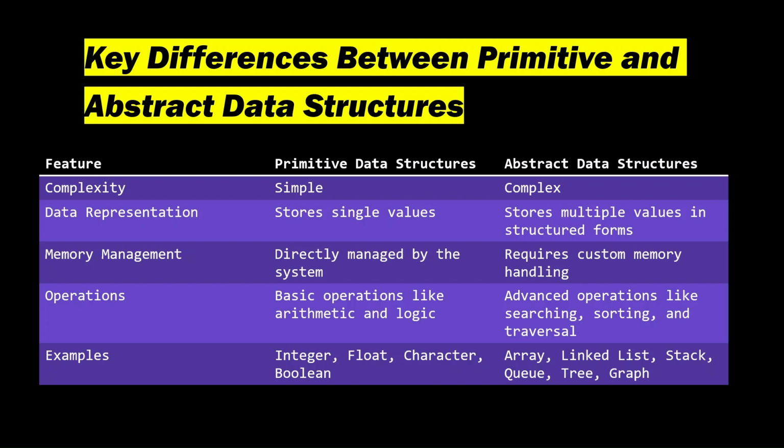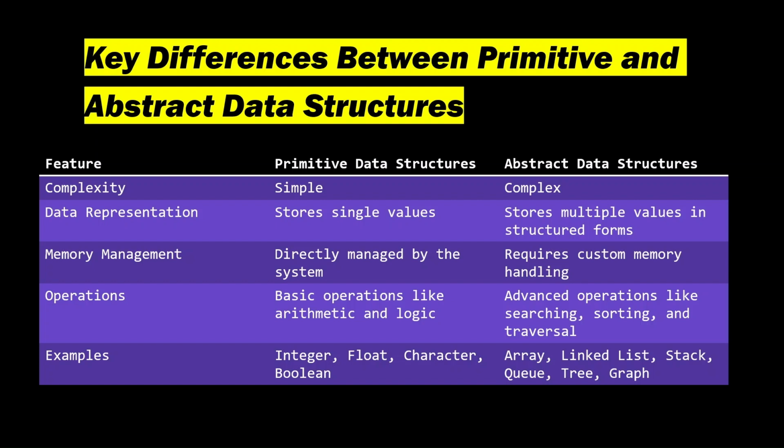Now we are going to learn the key differences between primitive and abstract data structures. We will learn the difference by their features. Complexity-wise, primitive data structures are simpler than abstract data structures, which are more complex. In data representation, primitive data structures store single values, whereas abstract data structures store multiple values in structured forms.